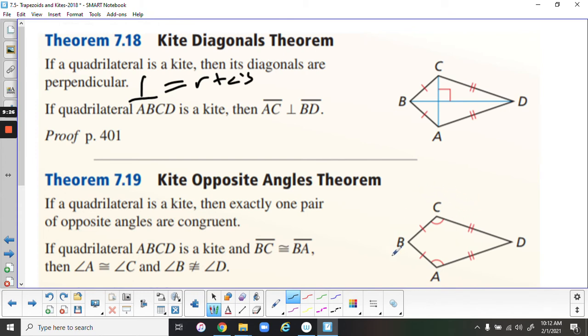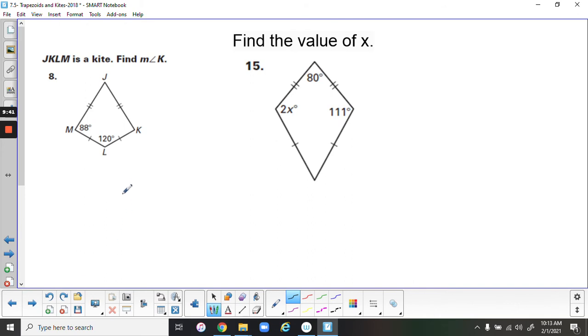So just kind of look at this picture. You got those two segments congruent, those two segments congruent. So those two angles are congruent. But B and D would not be congruent. All right, let's see what we got. So if it's a kite, if that's 88, then that's 88.